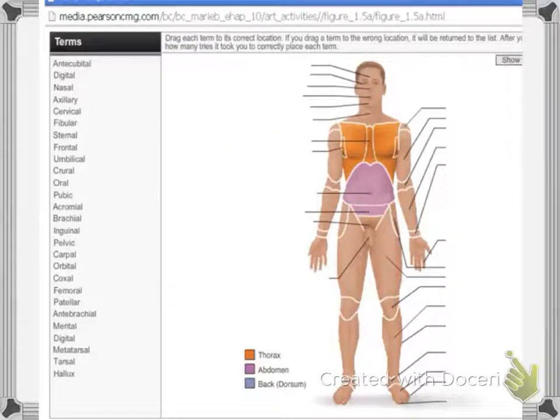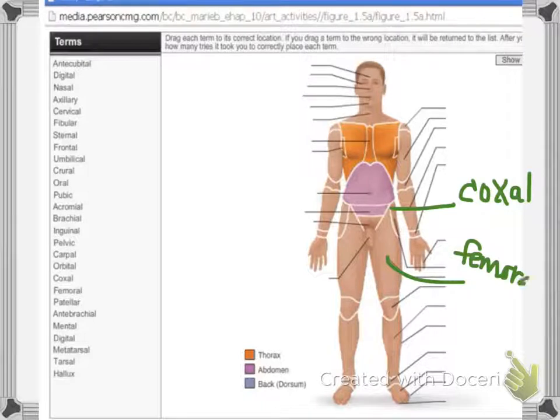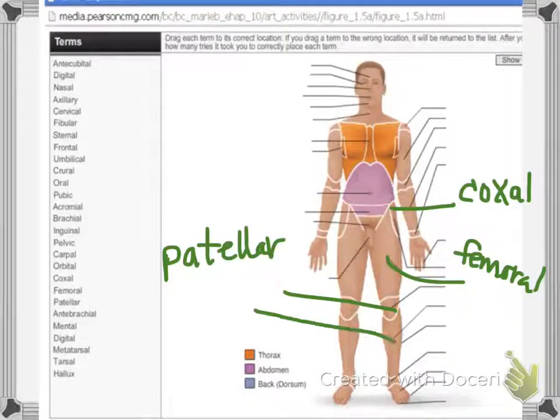Moving down to the hips and legs, here we have the coxal region. This is the femoral. The femur is right there. Might be easy to remember. The front part of the knee is where the patella bone is. It's the patellar. The front of the leg is the crural.